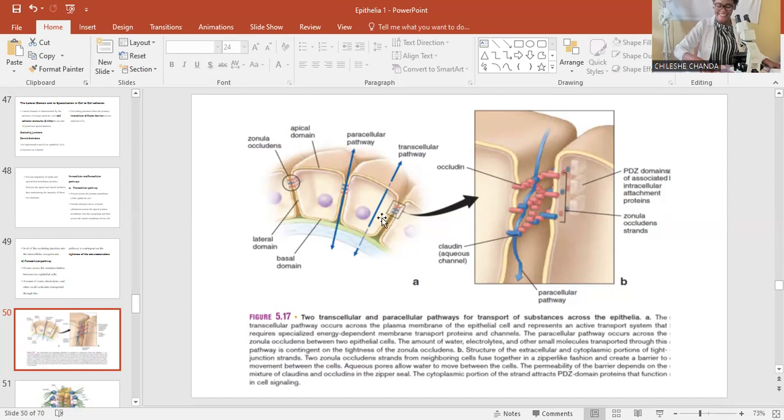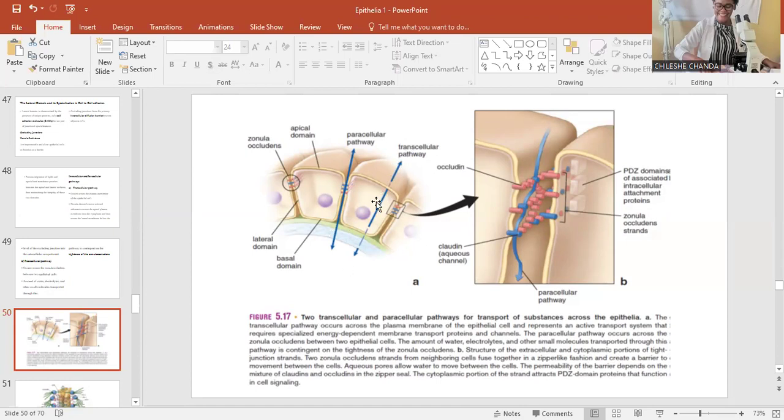However, some of the things may pass from the apical side, meaning the luminal portion of the cell, all the way to the other side, below the basement membrane, below the lamina propria, and they may pass within the cell.